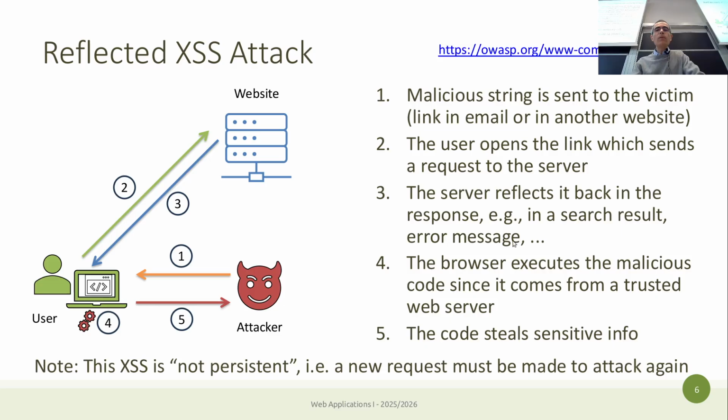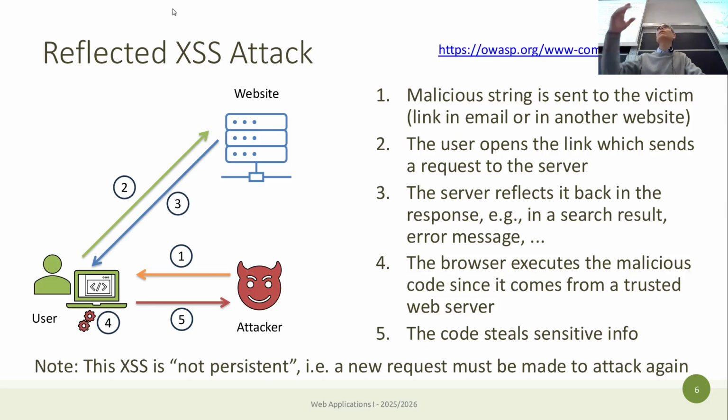And then what's the problem? The problem is that if the website didn't mitigate this issue, basically the browser is tricked into executing the malicious code, okay? Because it comes back from the website it wanted to access, okay? So it's not like it comes from another website.